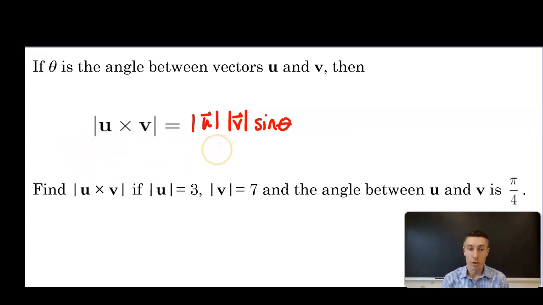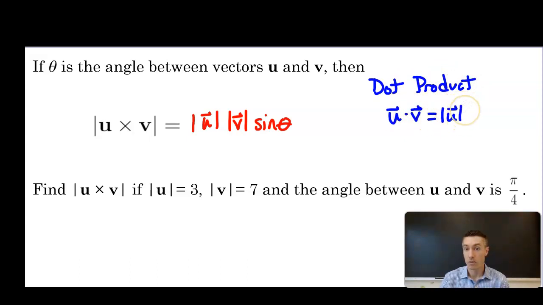What I want you to notice is that magnitude turns this into a scalar. And just for comparison, the dot product u dotted with v was equal to magnitude of u, magnitude of v cos theta. The cross product's magnitude is magnitude of u, magnitude of v sine theta.